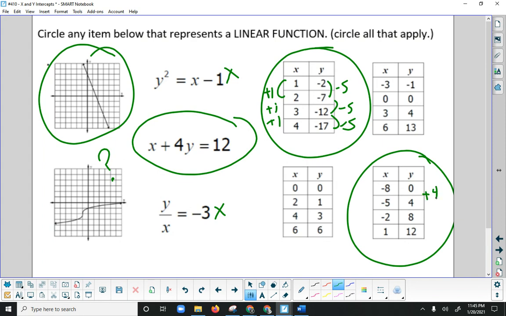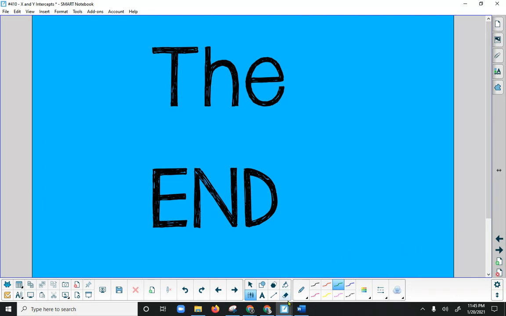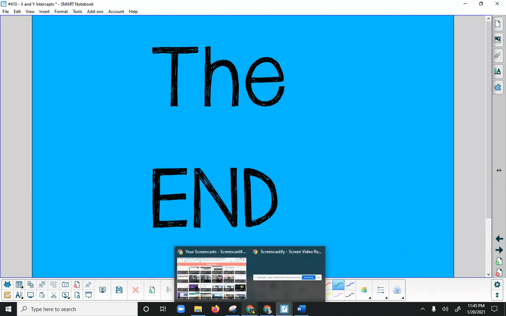Plus 4, plus 4, plus 4. 4/3 is the constant rate of change. All right, that concludes our lesson on identifying linear and nonlinear functions.